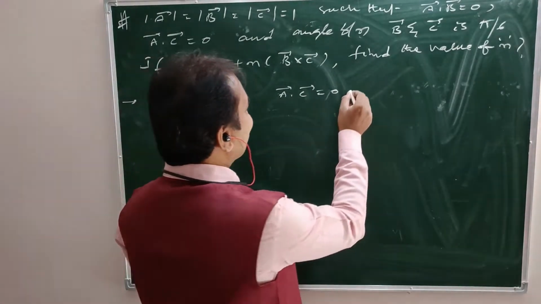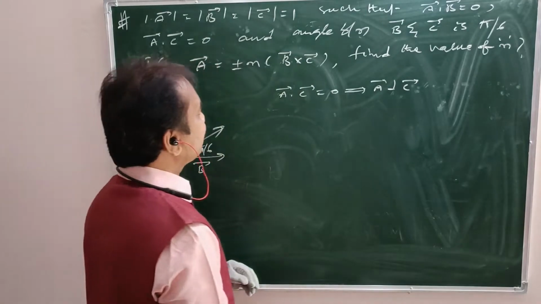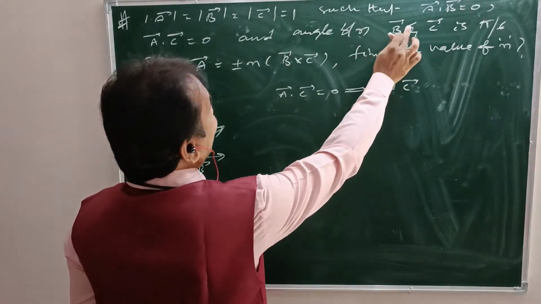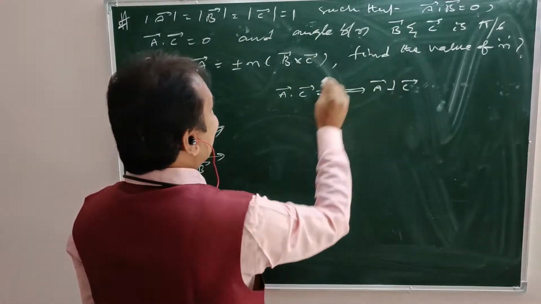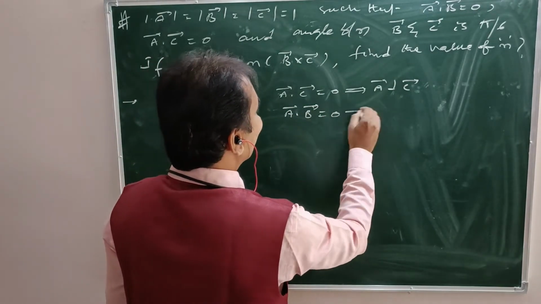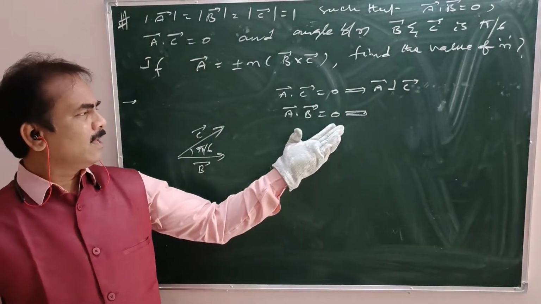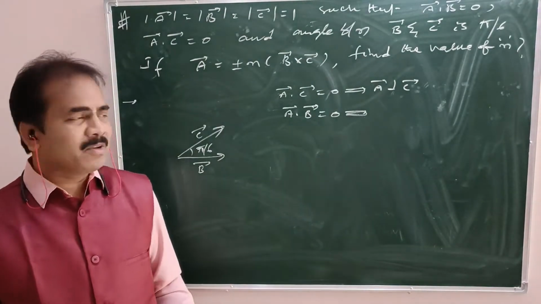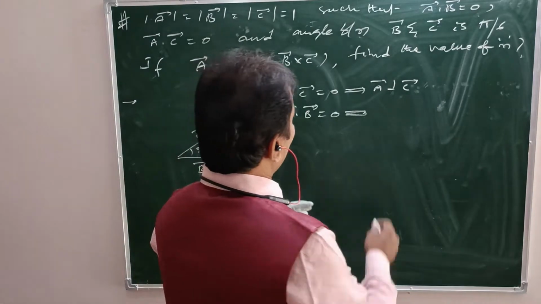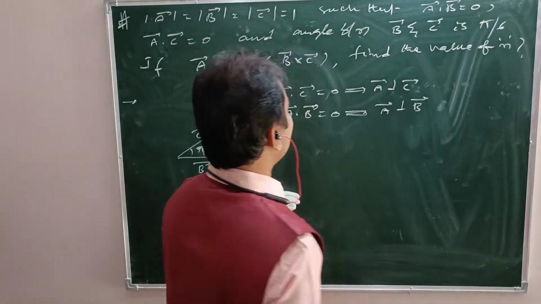That implies A bar is perpendicular to C bar. Similarly A bar dot B bar is also 0, which implies that A and B are also perpendicular to each other.